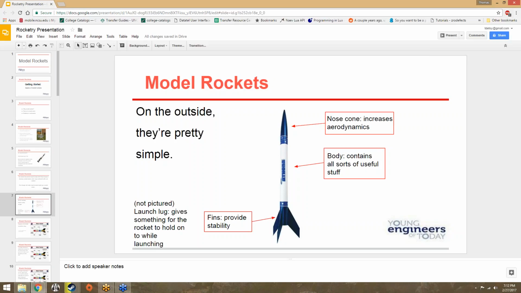And faster than that from a dead stop, you run the risk of too much stress on the body or the fins, shearing things off. Granted, that's not really going to happen too much with model rockets, but it is something to worry about, certainly with real rockets, and it translates at least a little bit to model rockets as well.